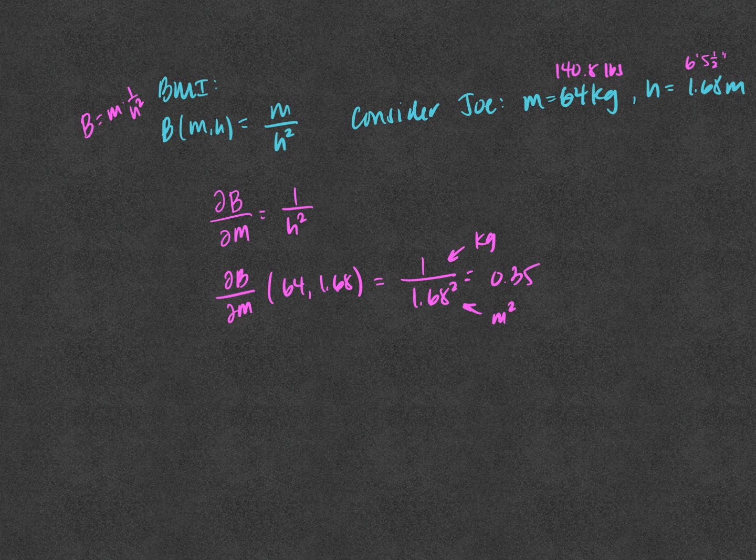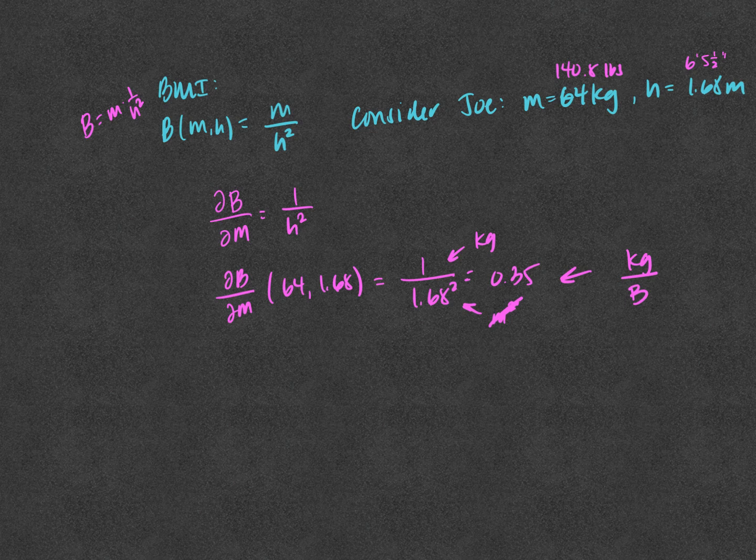So the 0.035 says that we didn't change the meters, so that's not a big deal. But this says that for every kilogram that his weight goes up, his BMI changes, the y value is the b, so his BMI changes by 0.035. So that number goes up accordingly. And it's a positive slope, so that indicates it goes up.